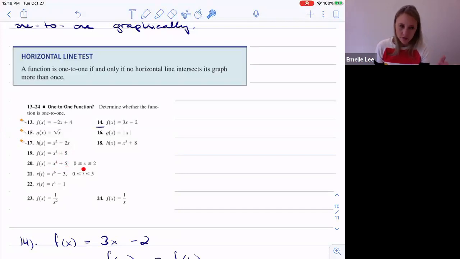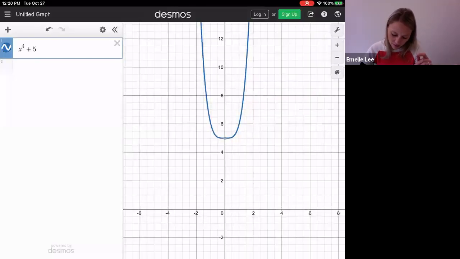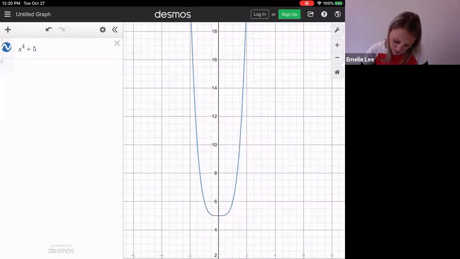Here we've got the added restriction, only look at x's between 0 and 2. So now if we go back to our graph, x is between 0 and going all the way up to 2.